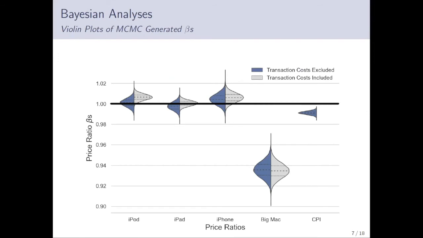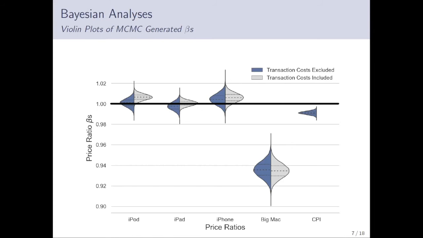By performing this Bayesian analysis on all of our price ratios, we can then plot the posterior distributions for the betas in a violin plot. So you can see the blue shaded areas are the beta distributions where transaction costs were excluded, and the gray shaded areas are the beta distributions where transaction costs were included. Overall, the betas have not been noticeably impacted by the inclusion of these transaction costs.